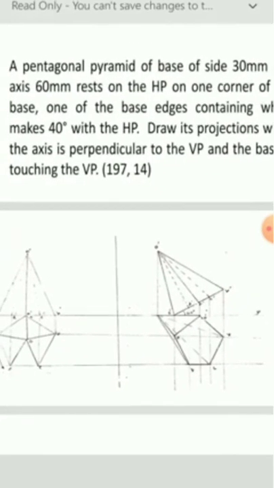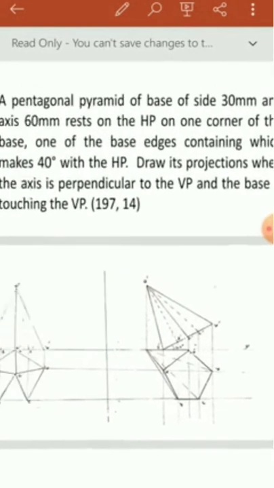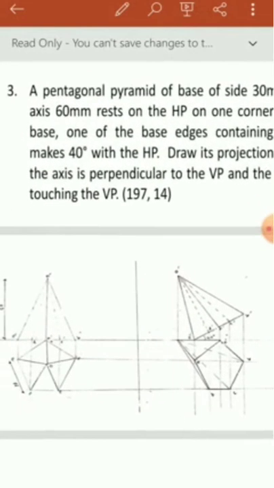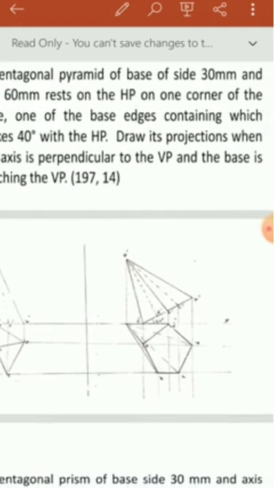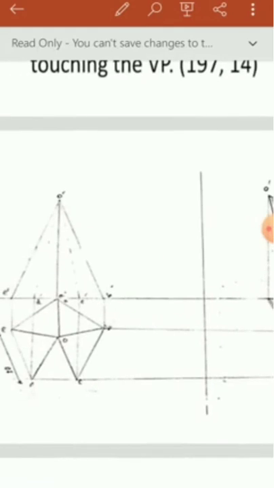In the question they gave that one of its base edges makes 40 degrees to HP. Just tilt the triangle of the base 40 degrees to HP. Then you can see on this side it's tilted 40 degrees to HP, and you mention the points A, B, C, D. From this draw an X dash and Y dash line, and just mark a line.